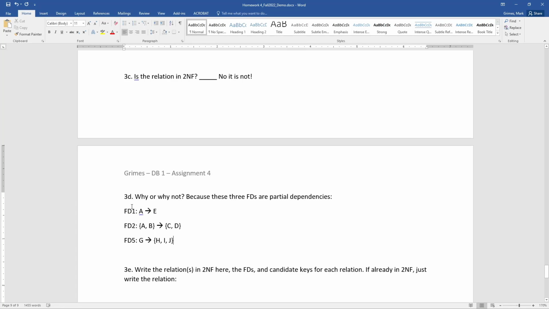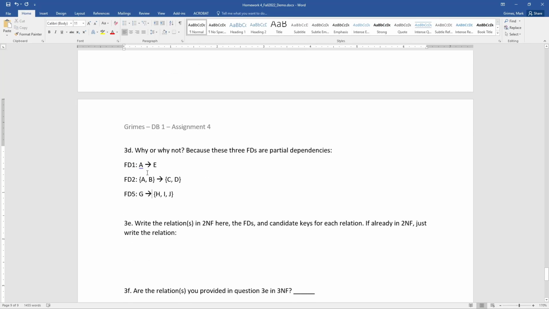All right, so let's resolve these three second normal form violations. We're going to do that one at a time, just moving these problematic functional dependencies and all of their attributes out to a new relation. So we'll start at the bottom here. We're going to create three new relations, so we'll have relation 4, relation 3, relation 2, and relation 1.